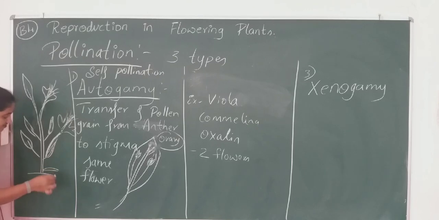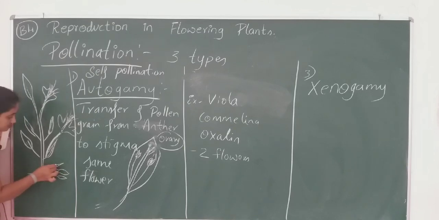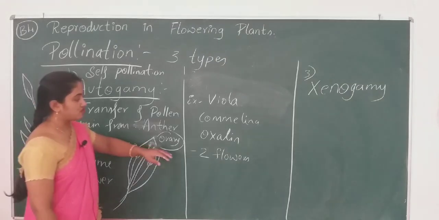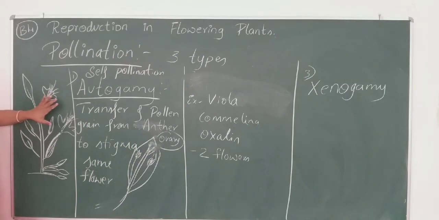One more type of flower is in a bud condition. So these few types of plants bear two types of flowers in the same plant. In the same plant, if it bears that kind of flowers, the pollination occurs in the plant itself.